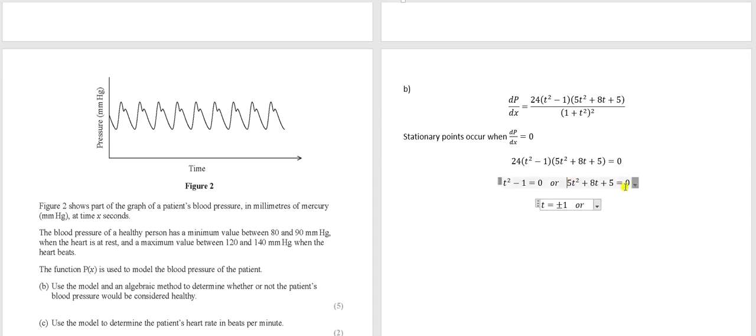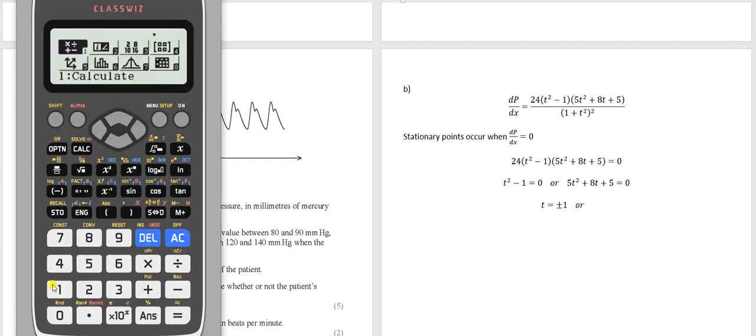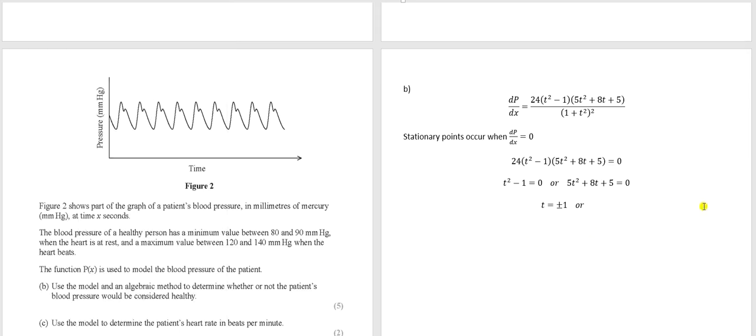We also have solutions from this quadratic. Those ones, the simplest way to get those is going to be to make use of the calculator. So if we head across to the ClassWiz, we can use menu option A and we can solve the quadratic 5, 8, 5. That gives us complex roots, which suggests there are no solutions for that quadratic.